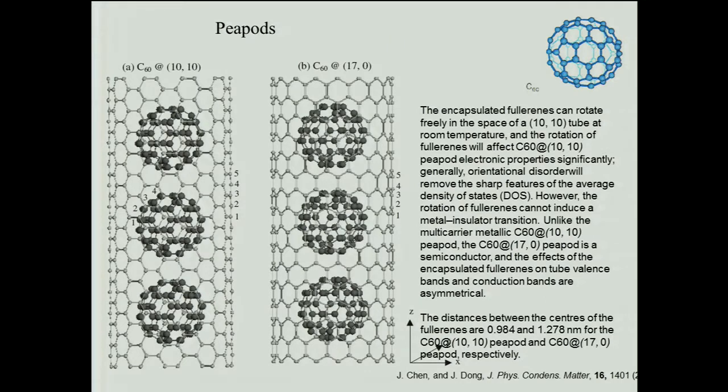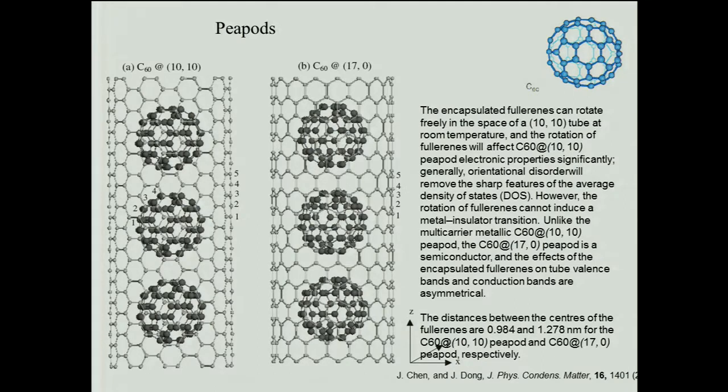This is another important result: you have a bucky ball put inside a carbon nanotube. So, this is encapsulated with C60 or fullerenes, and now if you try to measure the electronic properties, they depend on where these fullerenes are positioned.